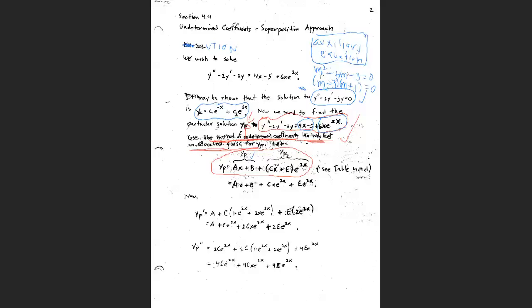The right-hand side of the differential equation here consists of the sum of two functions. So we identify the form of the particular solution that goes with 4x minus 5. And then we do the form of the particular solution that goes with 6x times e to the 2x. And this is what you get.